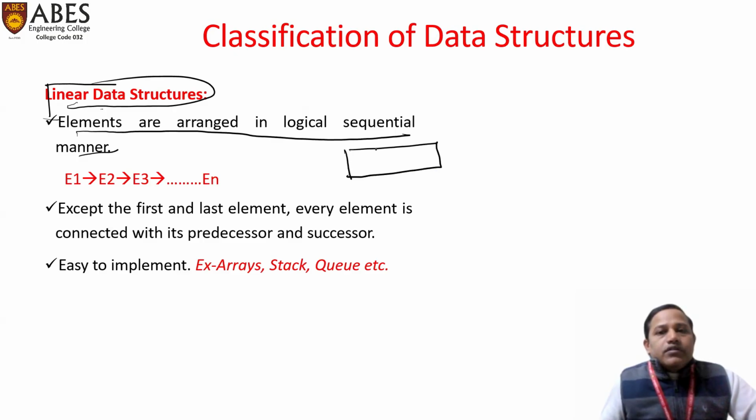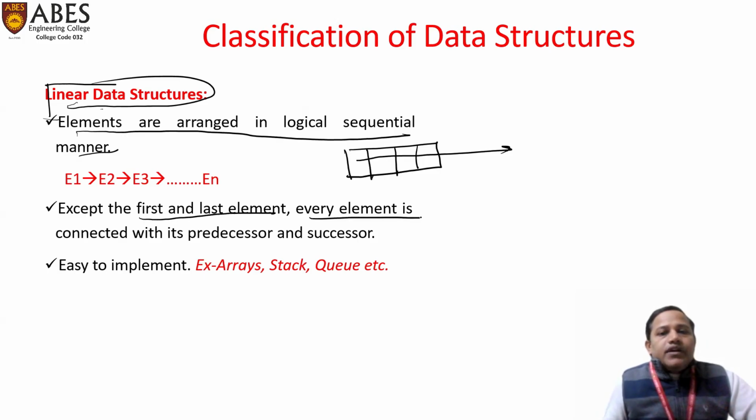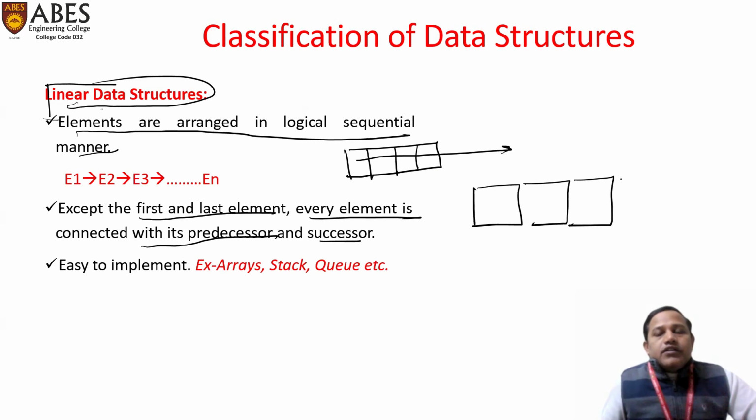Except the first and last element, every element is connected with its predecessor and successor. Means one element is connected continuously with another, either in contiguous locations or in different locations, but one element is connected with another element with the help of their addresses.